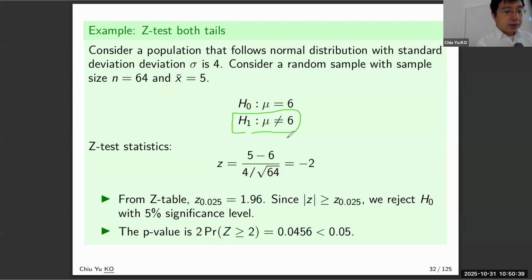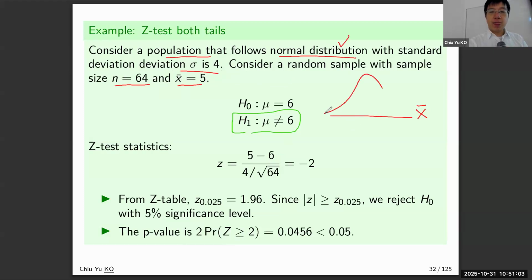So again, we have a population with normal, SD 4, okay? And we have a random sample of sample size 64. Sample mean is 5. So the question again is like this. We have the sample mean. Okay, remember sample mean is a random variable with a normal distribution.